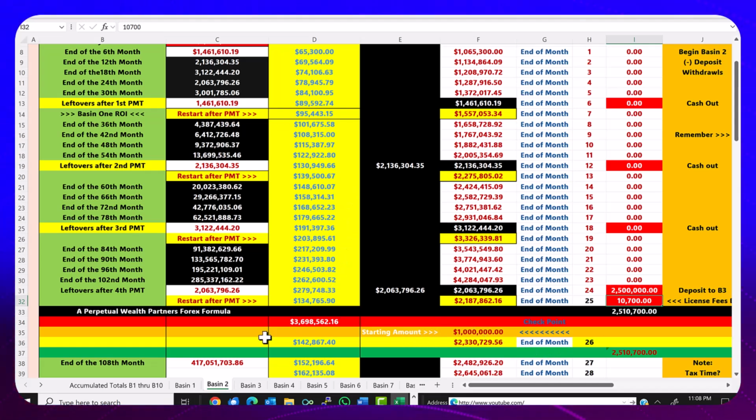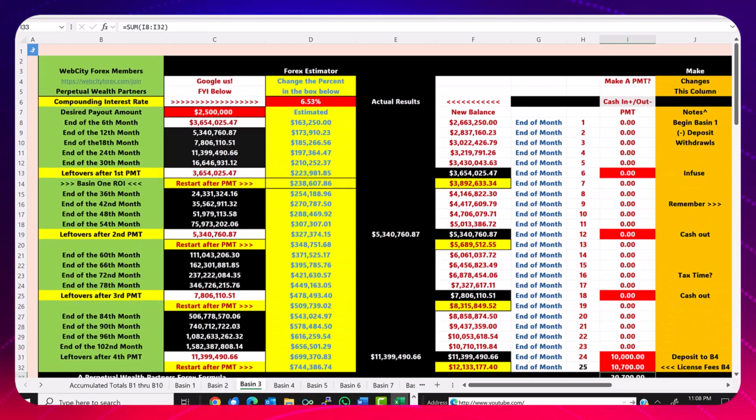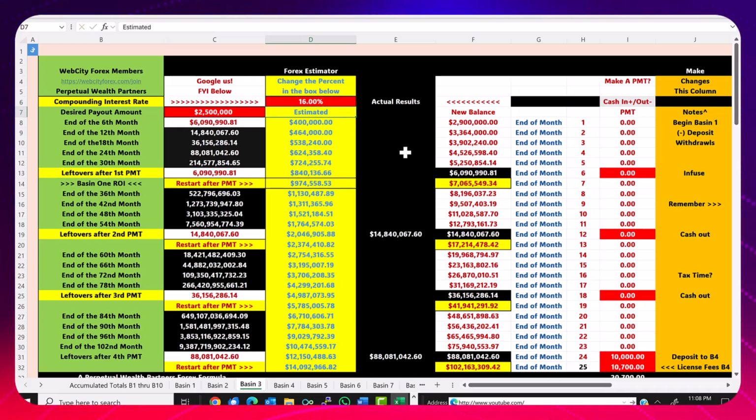Let's see what happens now. Because in basin 3, we started with 2.5 million, and let's say we get a solid 16% somehow with this robot, average across the board. You know, let's go look now.